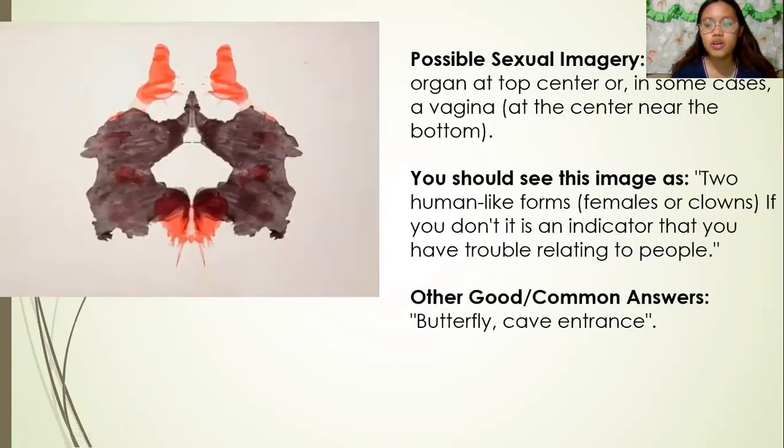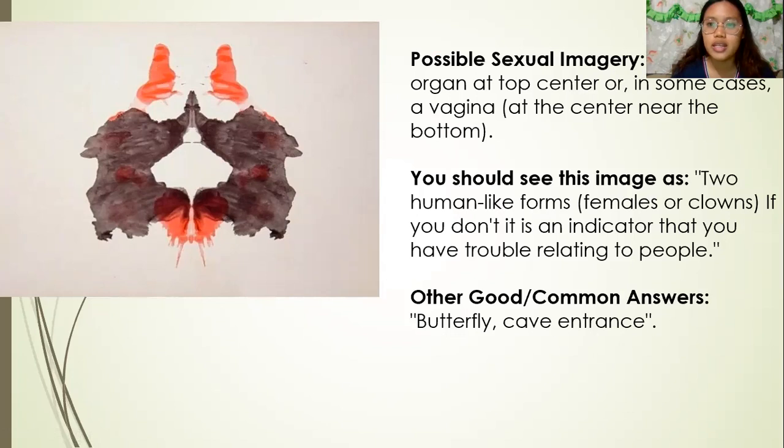This is an example of an interpretation of the ink blot. Looking at this image, the possible sexual image response would be the male sex organ at the top center, or in some cases, the female part at the center or at the bottom. The good answer here is two human-like forms, females or clowns.